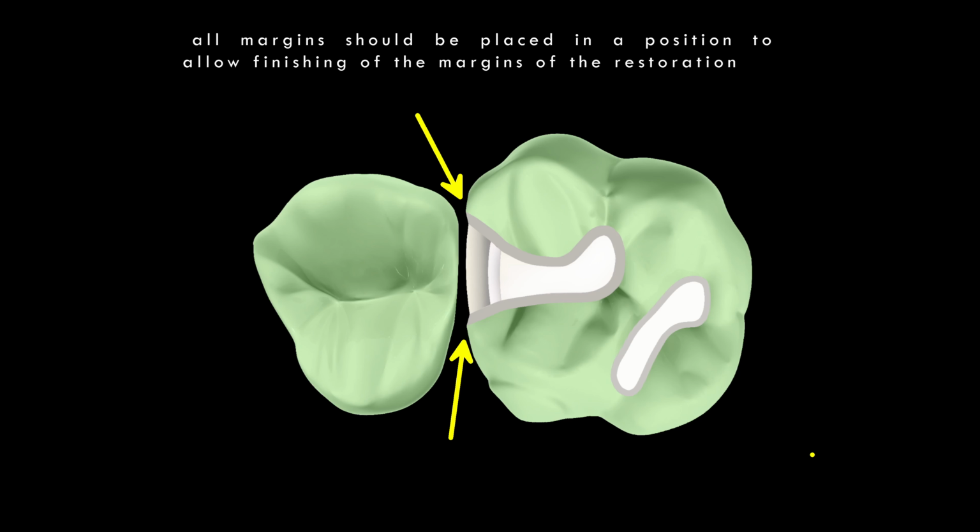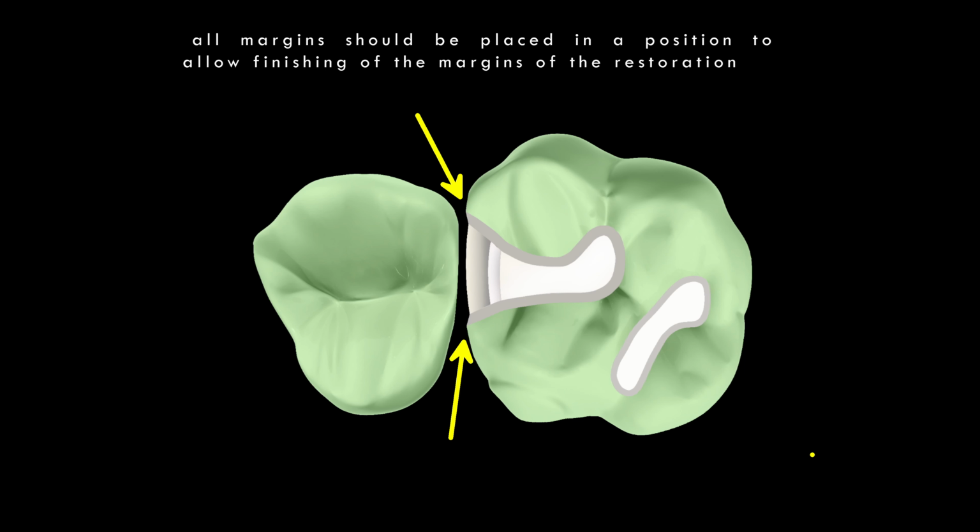So whenever we are doing a restoration, care should be given to finish and polish the margins and also keep them in a location which is accessible, so that brushing, the physiological movement of saliva, and the movement of food while chewing can clean the margins and keep the restoration surface plaque free.